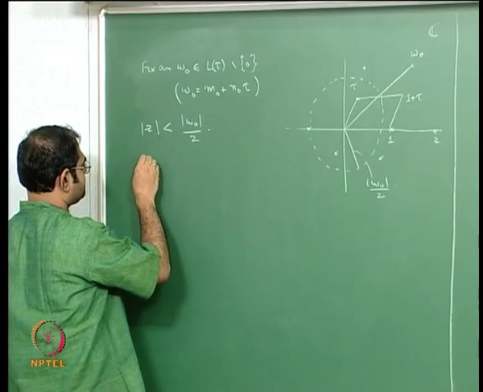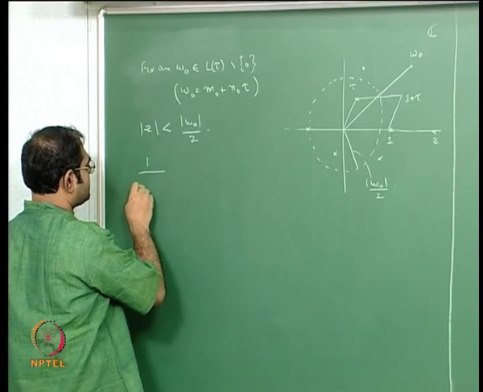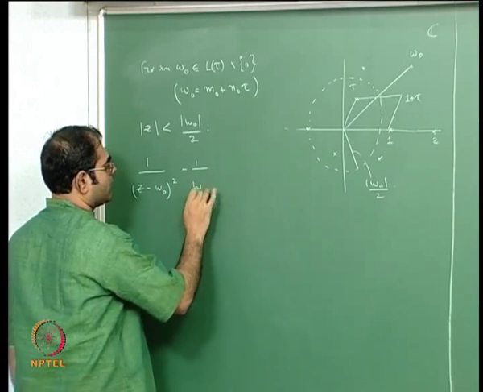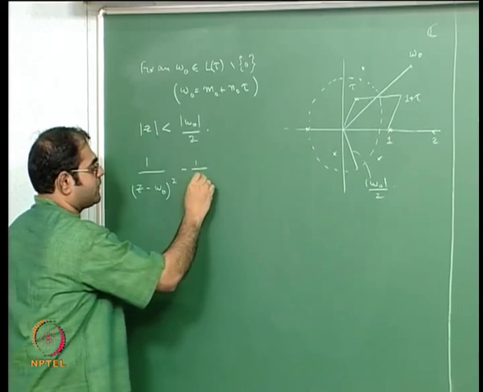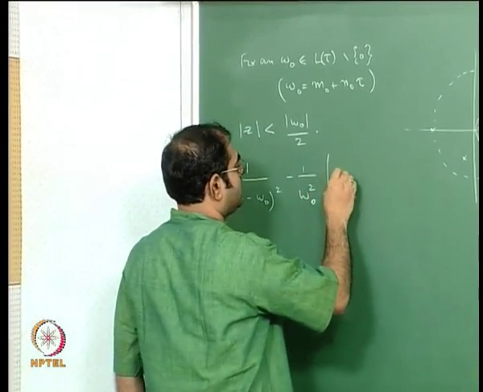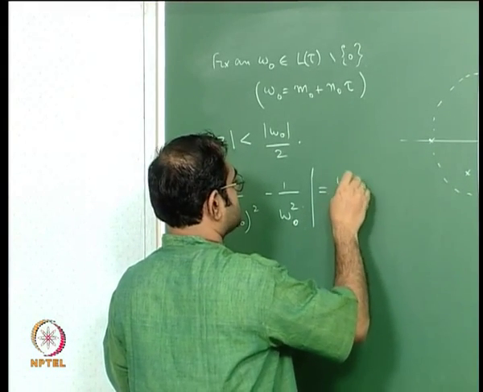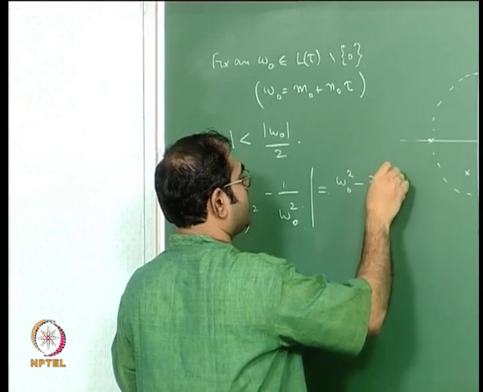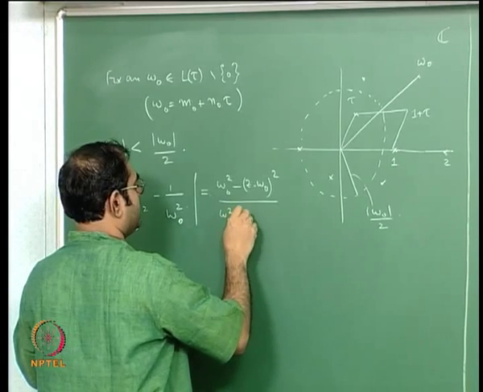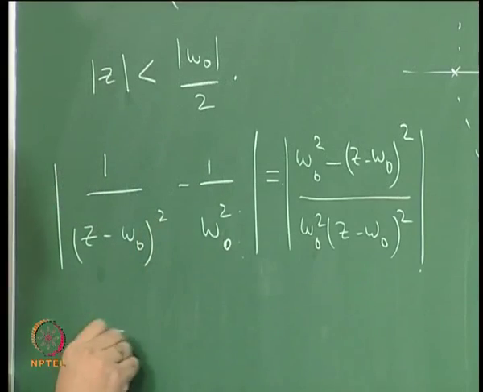It is 1 by (z minus omega naught) the whole square minus 1 by omega naught squared. This is what I have, and if I take the mod of this, what do I get? It will be omega naught squared minus (z minus omega naught) squared, divided by omega naught squared into (z minus omega naught) whole squared, mod.